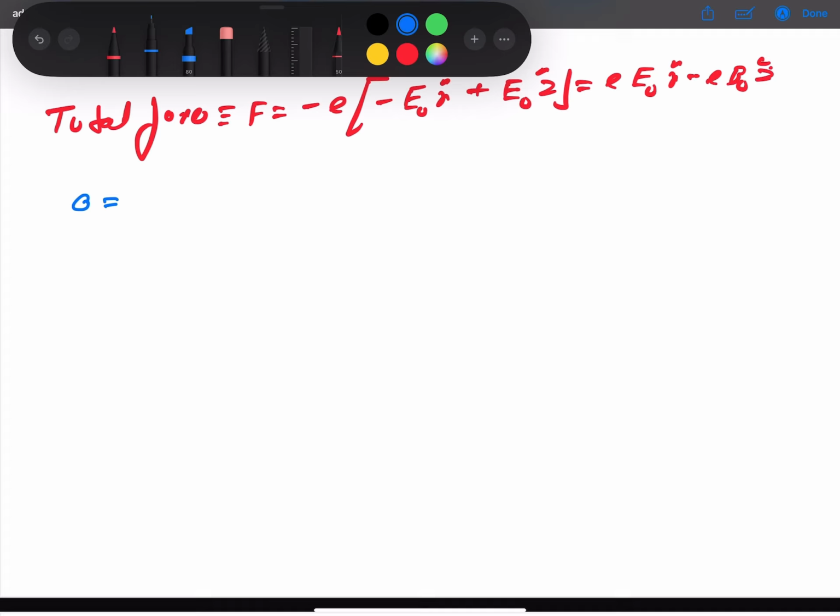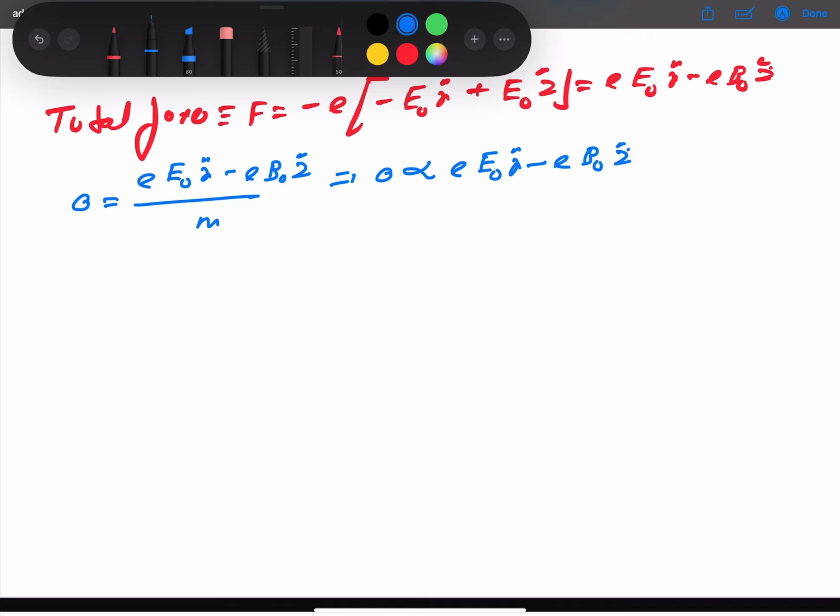Acceleration will be equal to force over mass, and force is E naught x unit vector minus E B naught Z unit vector divided by mass. We can also say from here that our acceleration is directly proportional to E naught x unit minus E B naught Z unit.